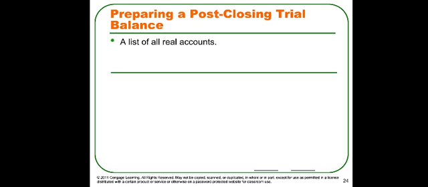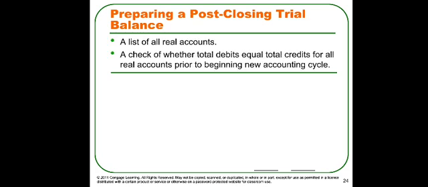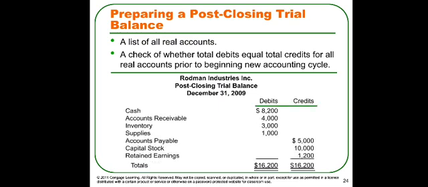For the permanent accounts, you have to prepare the trial balance for these accounts. It is called the post-closing trial balance. Remember, the permanent accounts are all carried forward to the next year.